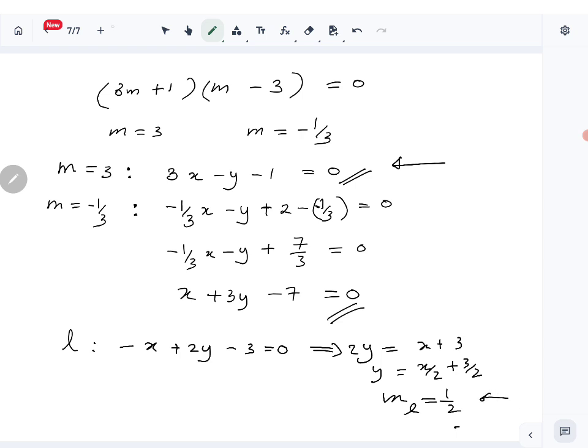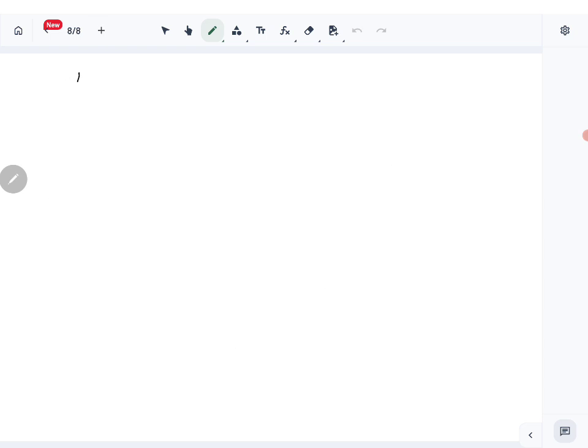So we'll use this line and this line to find the angle between L and one of the tangents. Let's take m1 to be 3, m2 is the gradient of line L, half. Then tan theta is what?